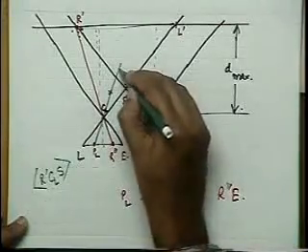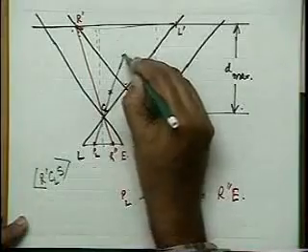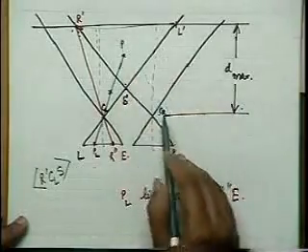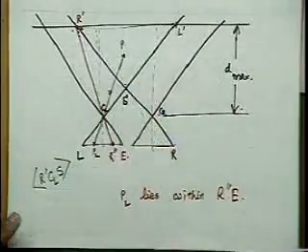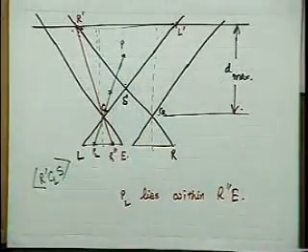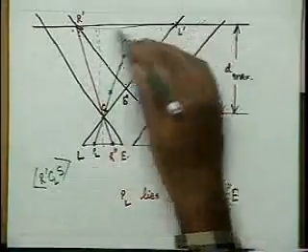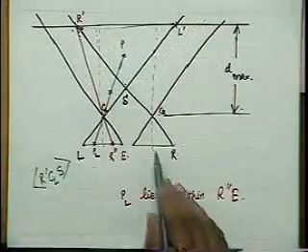Supposing the point P lies over here, in R prime S L prime, do you think that this will always be visible to the right camera? Just to repeat my question, if the point P lies within the zone R prime S L prime, is it visible to the right camera also?